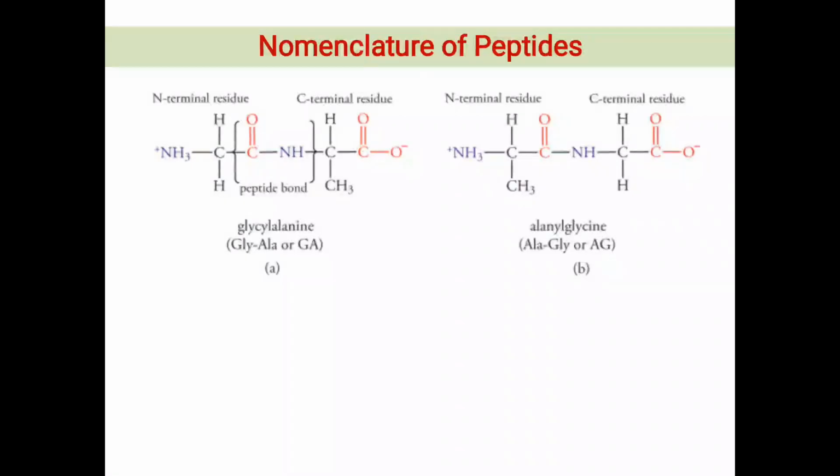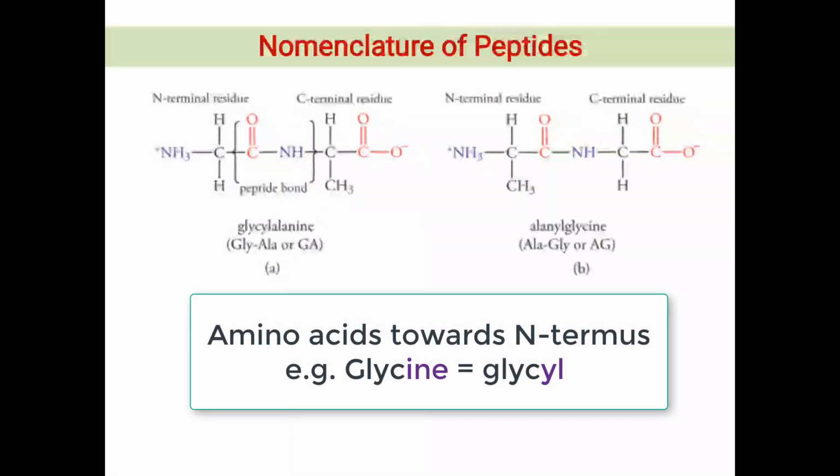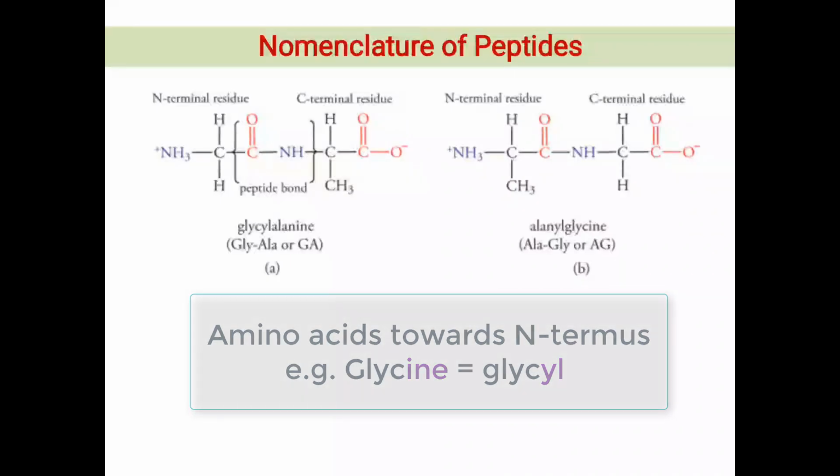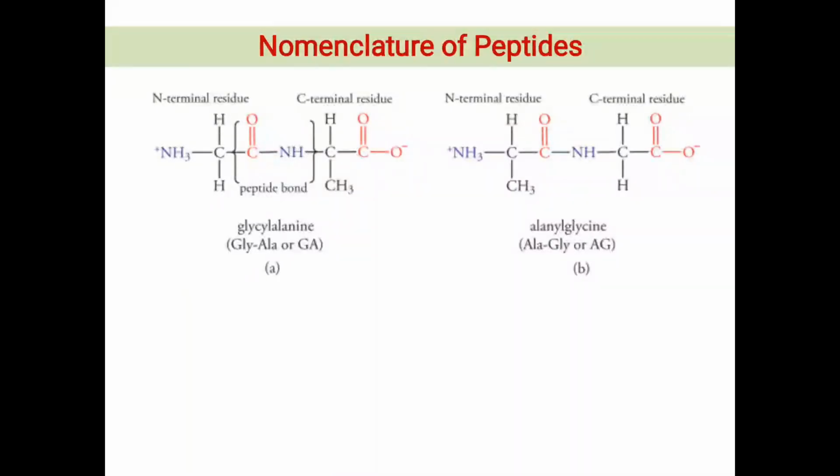First, replace the last three letters, I-N-E, of each amino acid towards the N terminal with YL. The second rule is that we do not replace the ending of the last amino acid, the one situated at the C terminus. Say, for example, there are two examples of dipeptides.